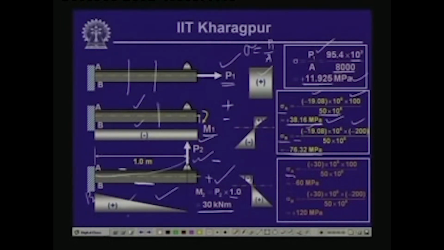Now stress sigma is equal to minus My by I, M is positive, so this is minus 60 MPa, giving the compressive stress at the top. Sigma b, the stress at the bottom, is equal to My, y is minus 200, so this is plus 120 MPa. So these are the values of the stresses that we get at points A and B because of three individual loading actions.